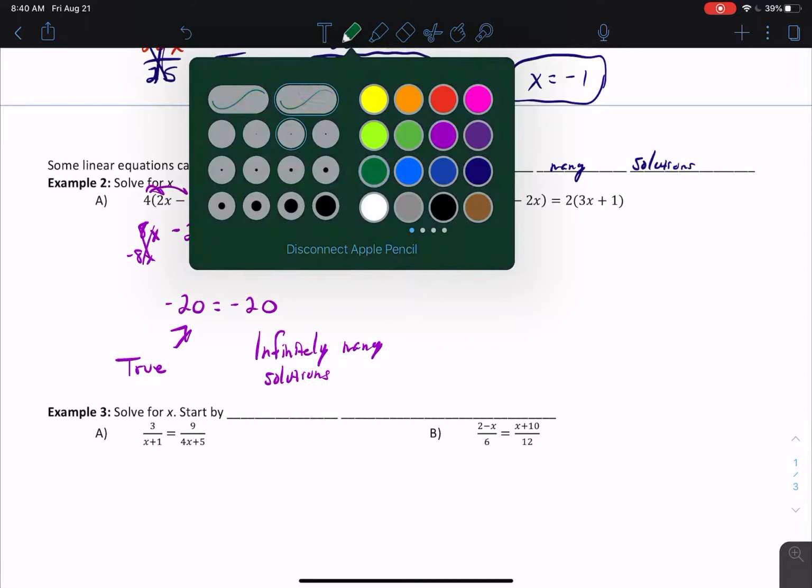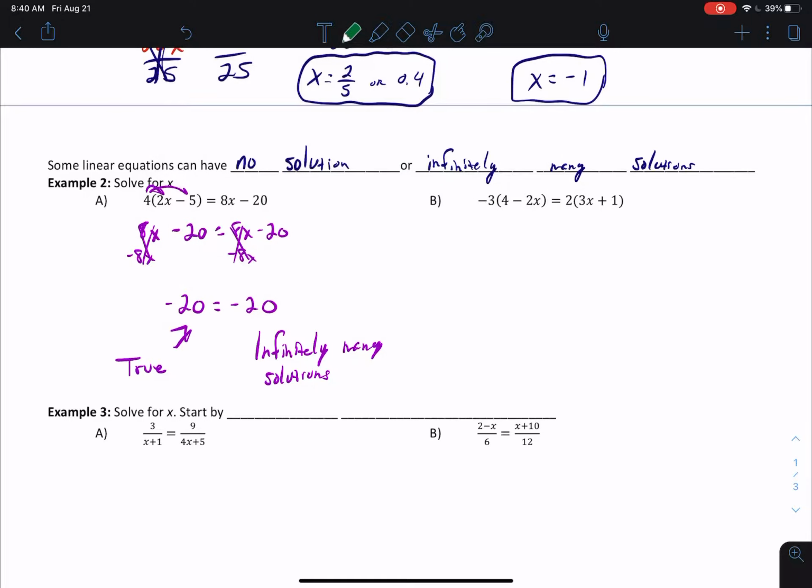So let's see the other case. Still doing distributive property. Negative 12 plus 6x equals 6x plus 2. So here we see that the variables are the same, 6x and 6x on both sides. So if I try to get the variables on one side, they're both going to cancel, and they're going to leave me with negative 12 equals 2.